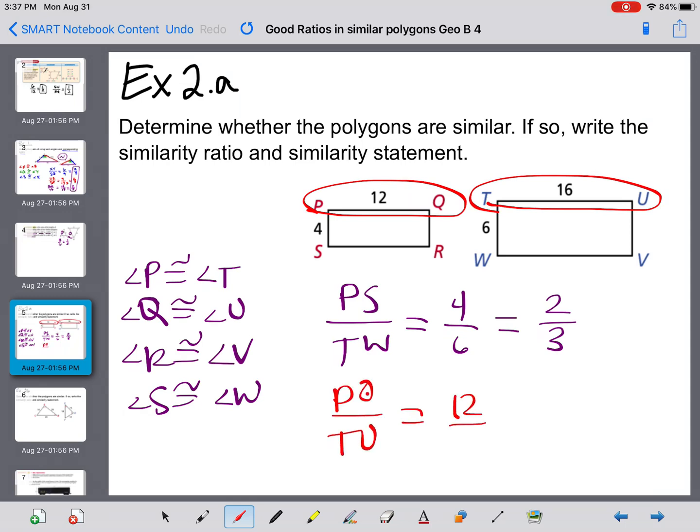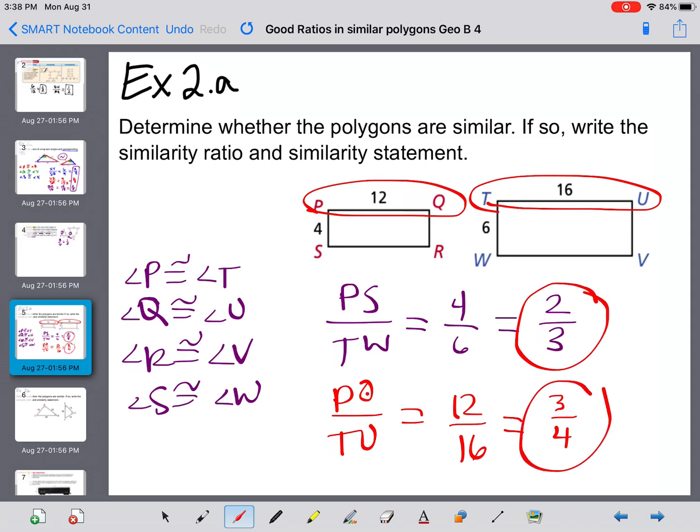If we check 12/16 and divide them both by 4, we'd be left with 3/4. These two ratios are not the same. So these polygons are not similar.